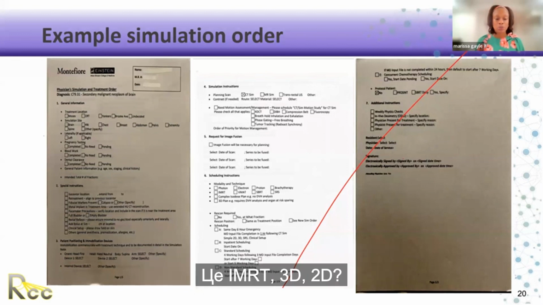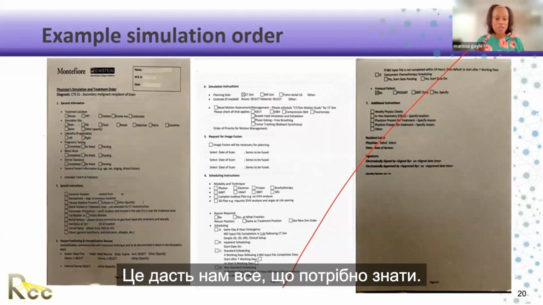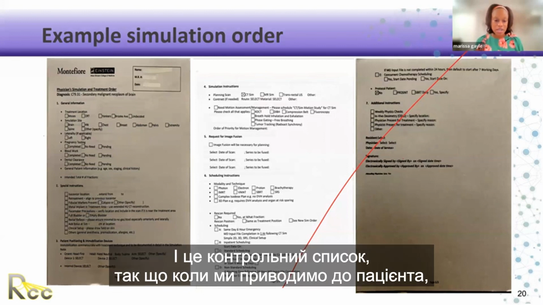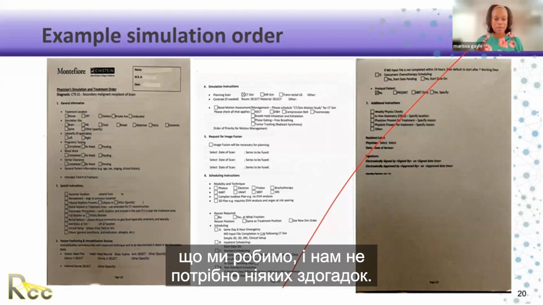IMRT, 3D, 2D? Do they need a mask? Do they need a vac lock? Are they going to be on a breastboard? It's going to give us everything we need to know, and it's a checklist so that when we get to the patient, we bring the patient to our CT, we have a game plan and we know exactly what we're doing and there's no guesswork involved.